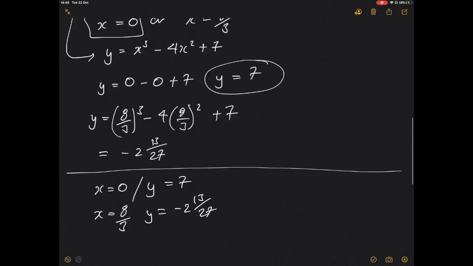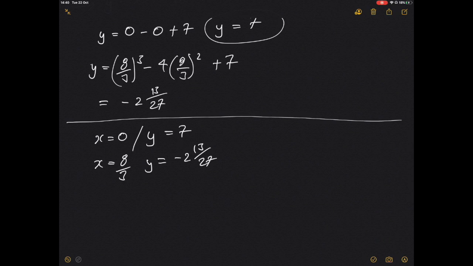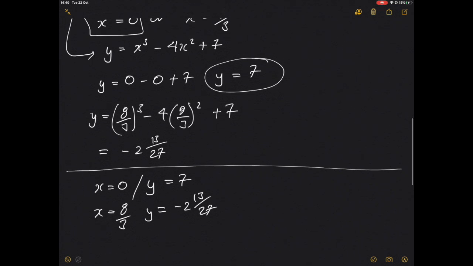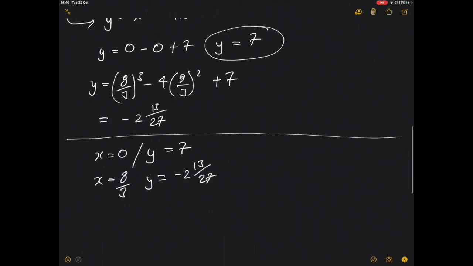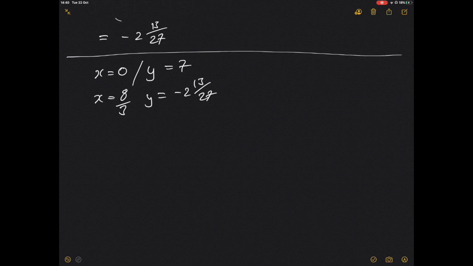So what we might want to do once we've done this is create a description. Perhaps for this plot, we want to find out if this was a peak or this was a trough, and whether this was a maximum turning point or a minimum turning point. This will all become clear in a second.